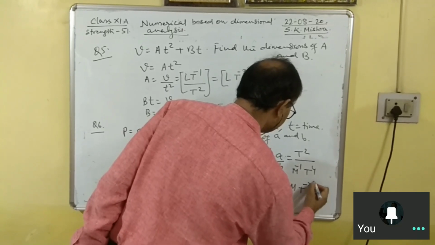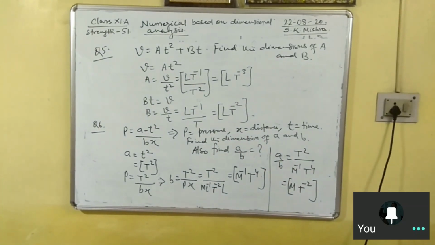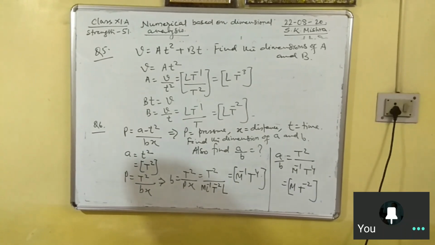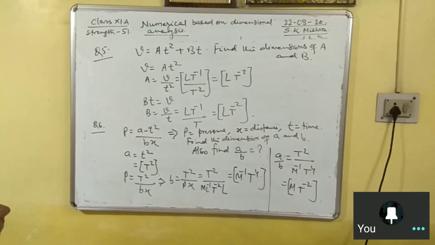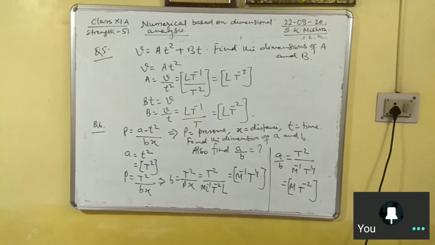Yeah. M T raised to minus 2. So this is A by B. Okay. Now take the snapshot. I will rub the board. Going for the next question. Taken?